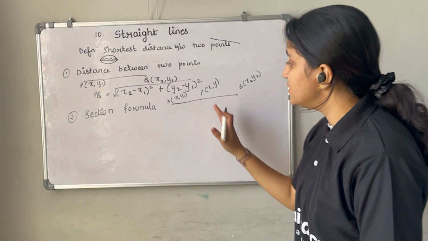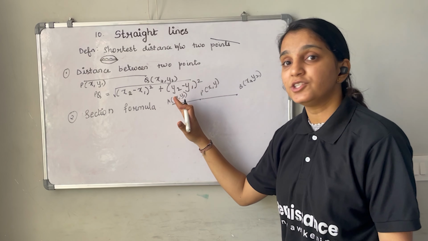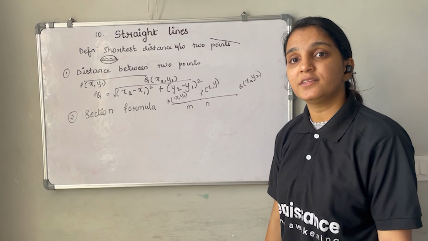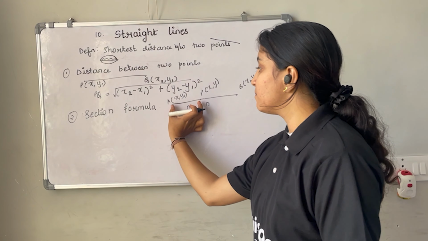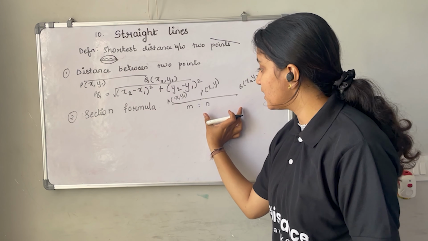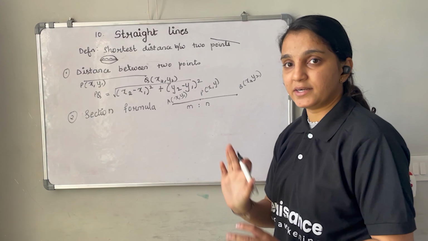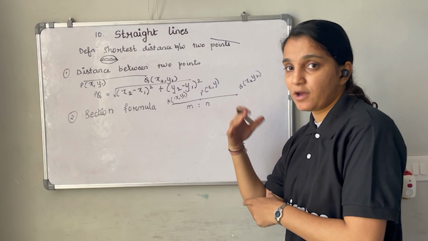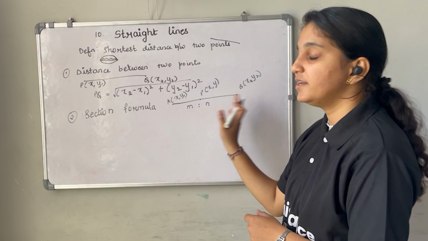Now this point P is dividing this line AB in the ratio m is to n. This is one part and this is the second part. Point P is dividing this line into 2 parts. Sometimes the ratio is given and we have to find the point, sometimes the point is given and we have to find the ratio.